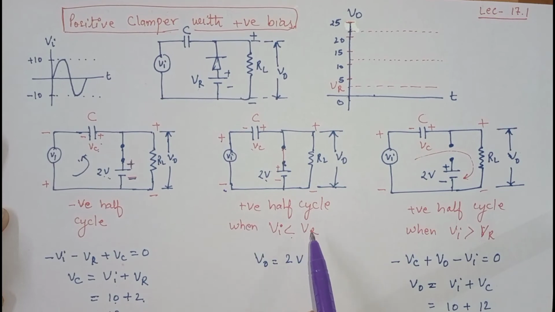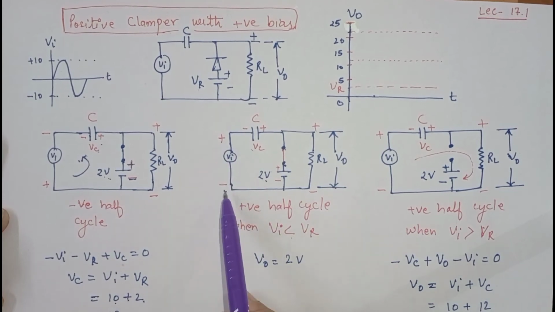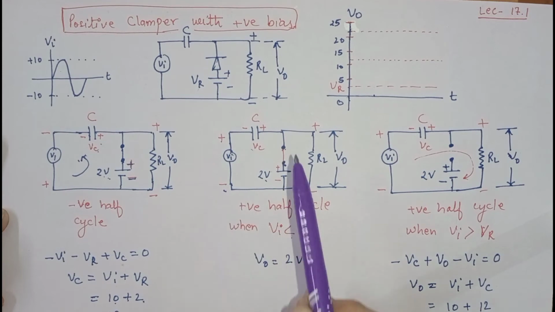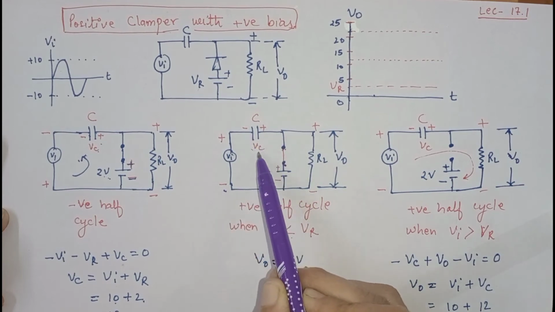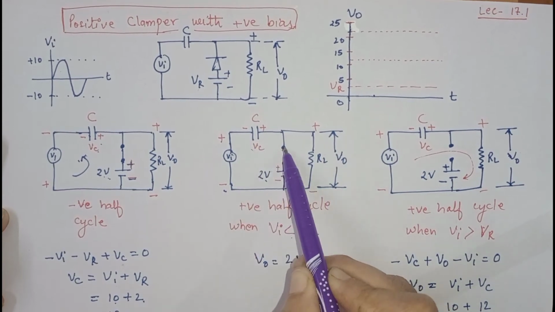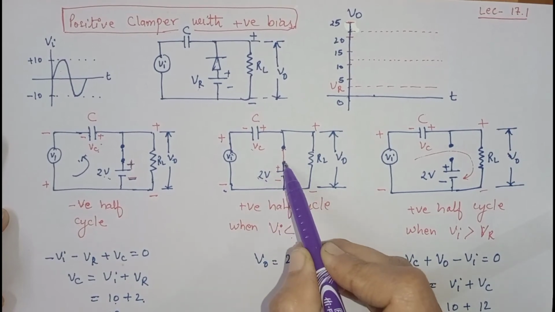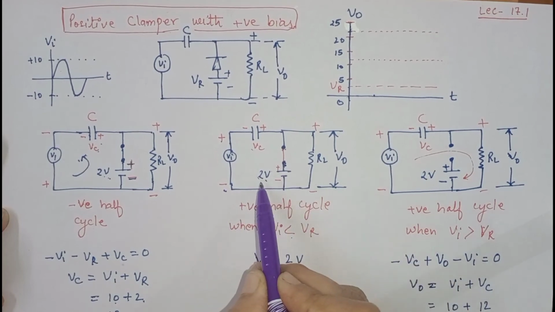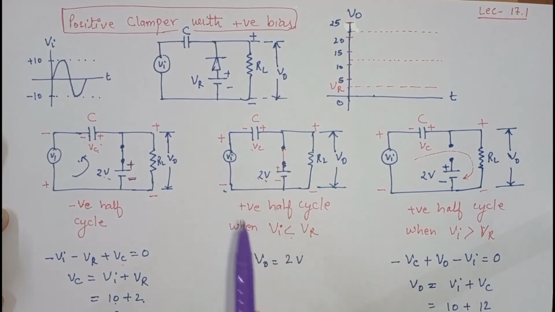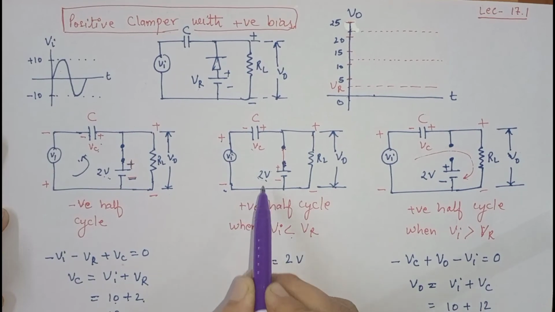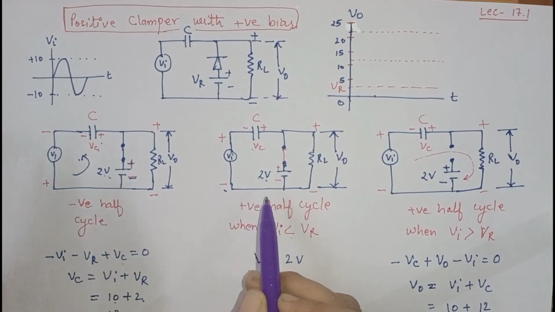During positive half cycle, this terminal is positive and this terminal is negative. And this capacitor is fully charged to VC, as this voltage forward bias this diode up to 2 volt, when this input voltage is less than this bias voltage.